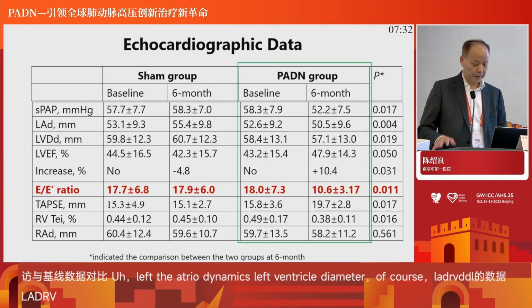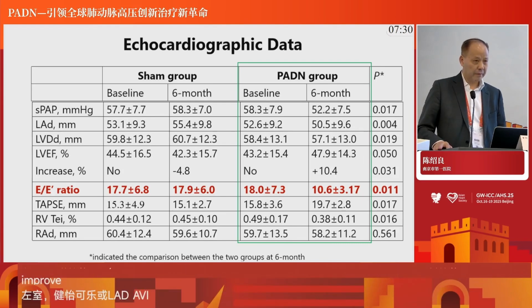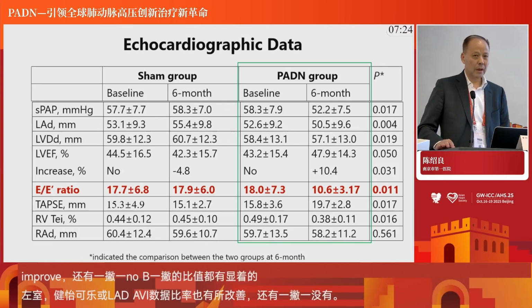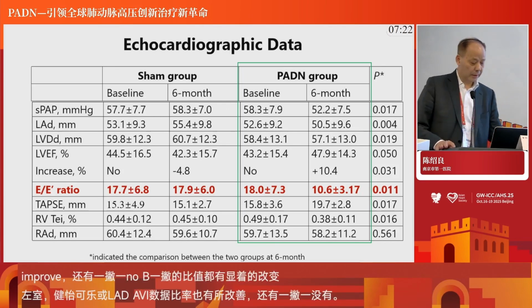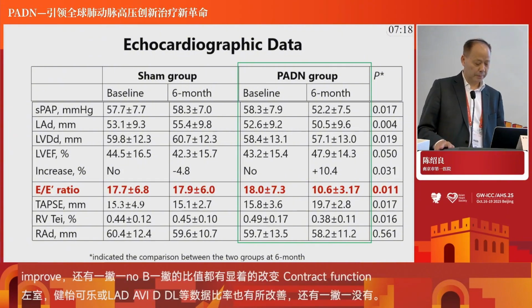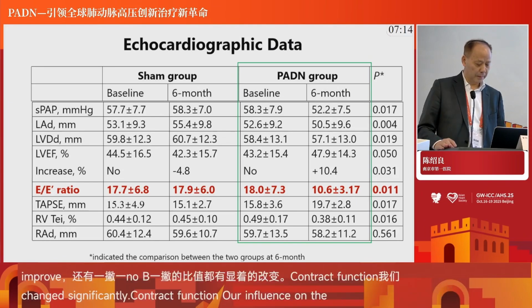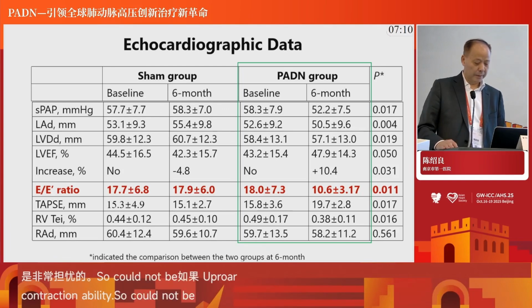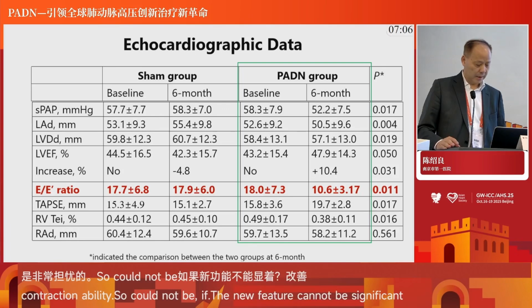Particularly, we are very afraid of worsening ventricular contractile function, because following the reduction in pulmonary arterial pressure, if the cardiac function could not be improved proportionally, that would put the patient at high risk of pulmonary edema.